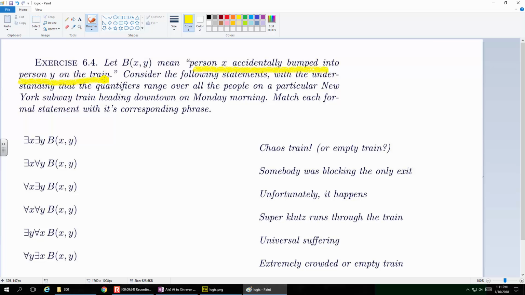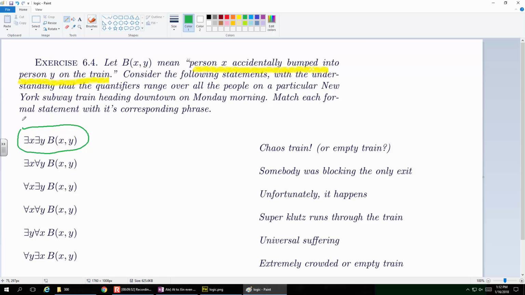Well, let's do one. Let's take a look at the first one. Can anybody read what it says? Just don't try to translate, just say what it means.